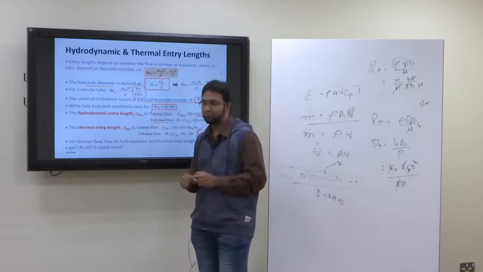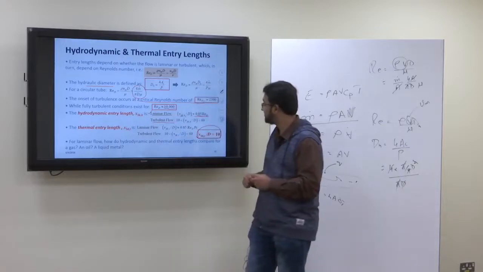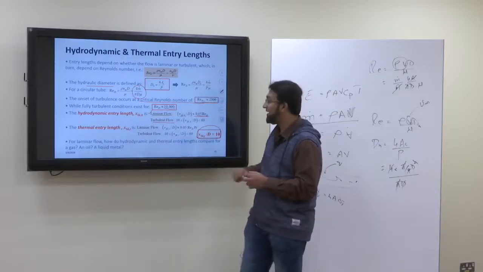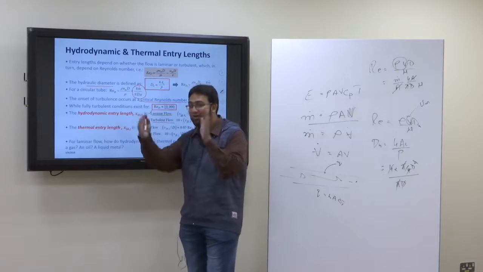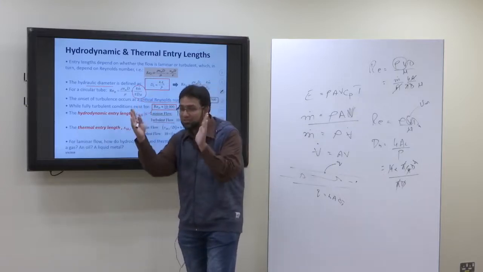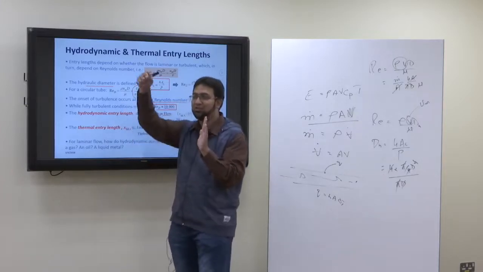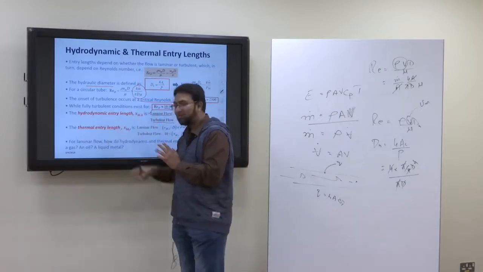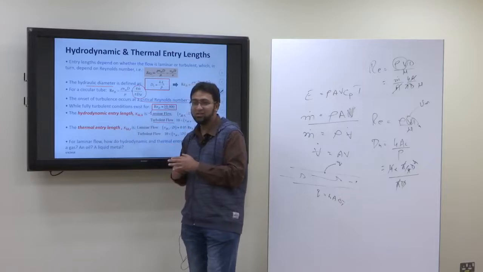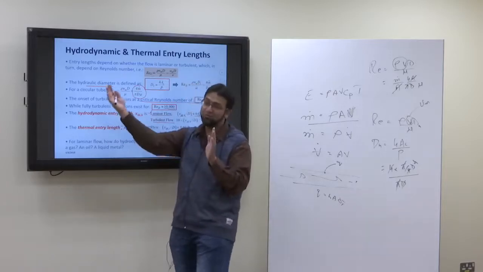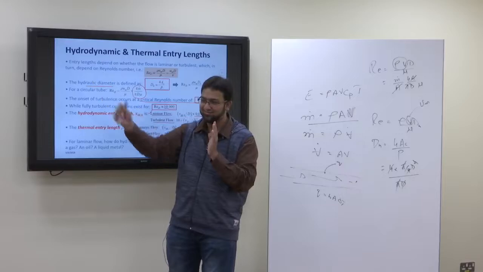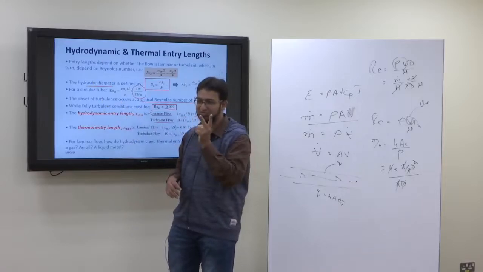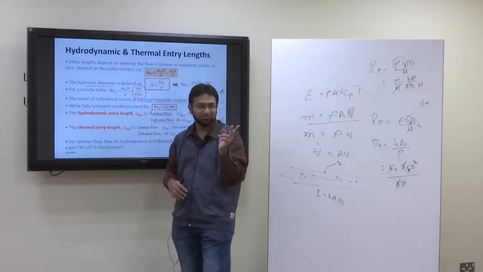What's the difference between the thermal length and the hydrodynamic length? The hydrodynamic length is for the entrance region of the velocity, after which the velocity profile is fully developed. The thermal entry length is for when the temperature profile is fully developed. You remember we discussed two cases, hydrodynamic and thermal.